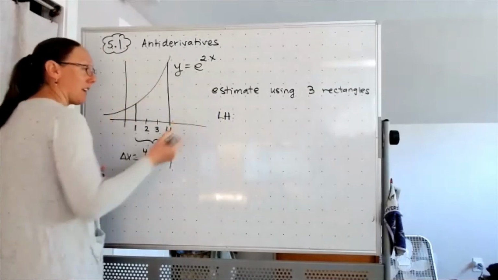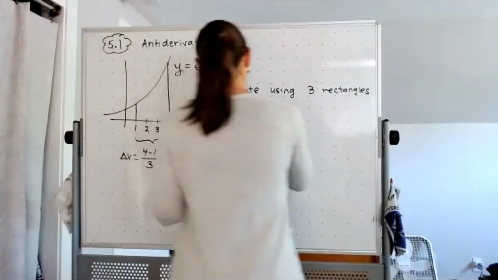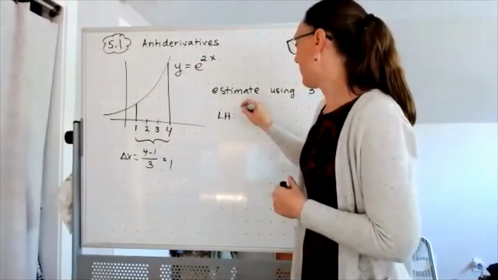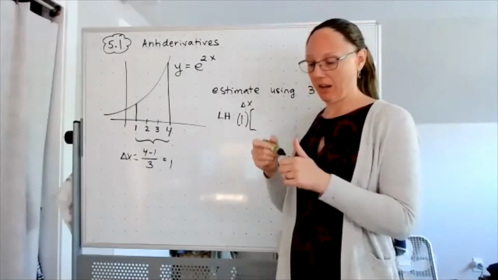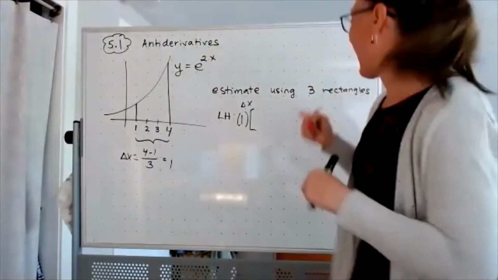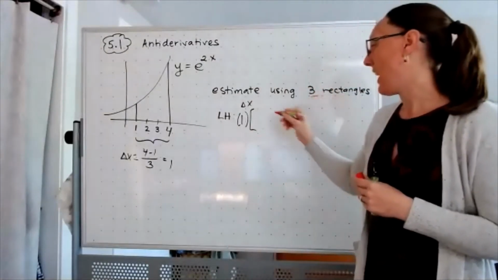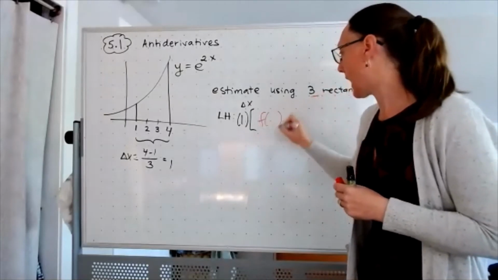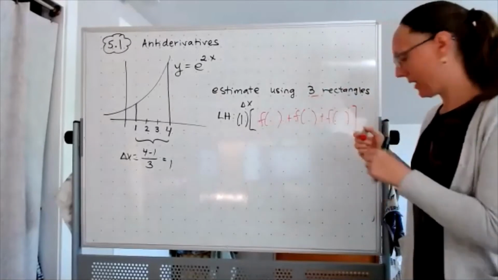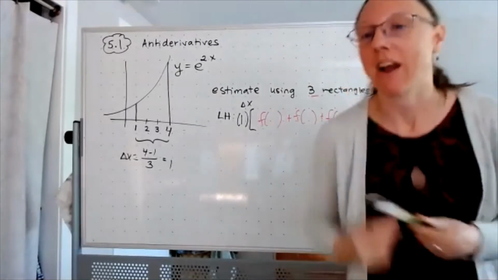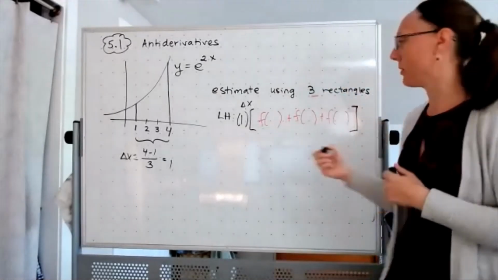When we do left-hand endpoints, we're going to have our delta x, which in this case was 1. And then I know that because I have 3 rectangles, I'm going to have 3 things that are being added up. And the only thing that we really have to figure out is what x values we're plugging in.